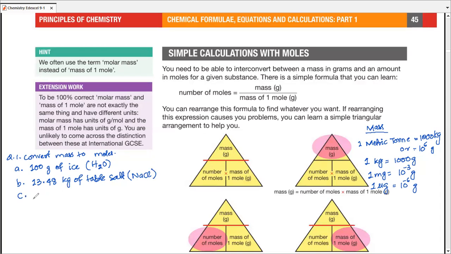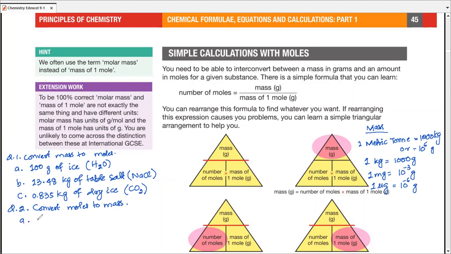Okay. And finally, we had 0.835 kilograms of dry ice, which is actually carbon dioxide in solid form. So there you go. You have the formula. Now let's go with a little bit of change of a question. You're supposed to convert moles to mass, and whichever unit I've asked, you're supposed to do the same.